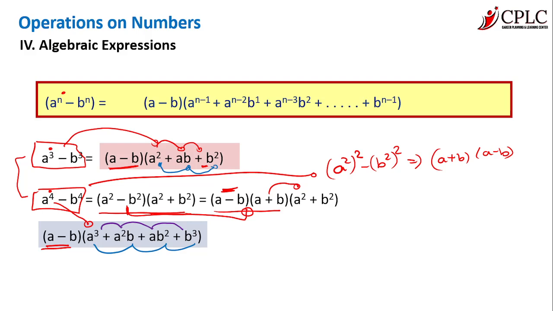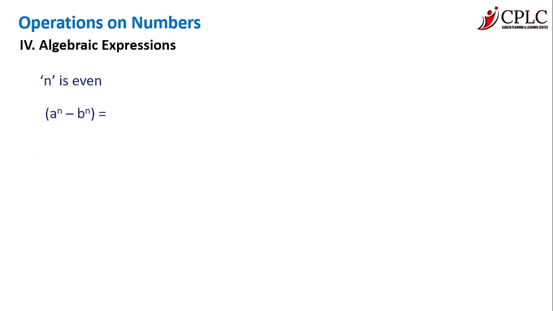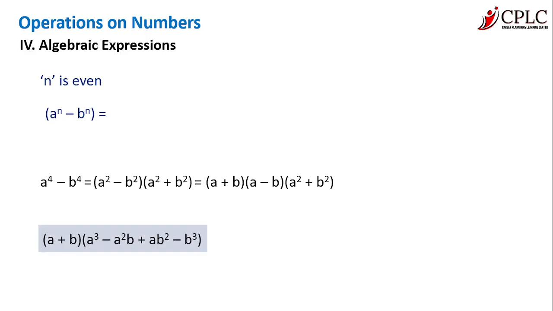Now we have a few more variations of the same formula, that is when n is even. We discussed taking a minus b out, but right now we are taking a plus b out, so we are going to multiply by a minus b inside here. And when we do that, this is what we end up getting.